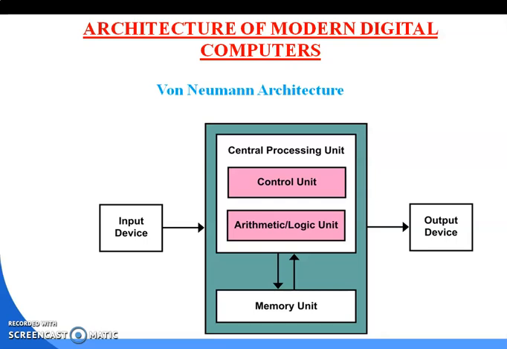Last class we were discussing the von Neumann architecture, and today I'm repeating it. What I said in the last class is that a mathematician developed this, modifying the concept of storing data within the memory. Now the data and the instructions are stored in one place of the memory.